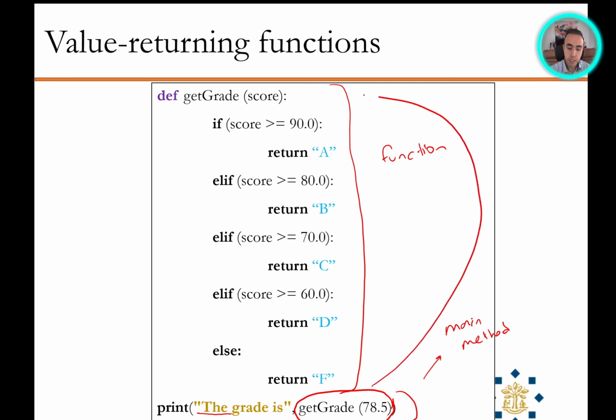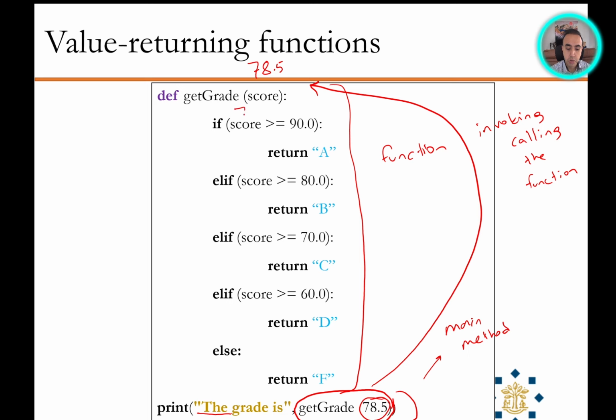Whenever you see the name of the function, get grade, you are invoking or calling the function. So we invoke the function and we send this parameter 78.5 as the value of the score.